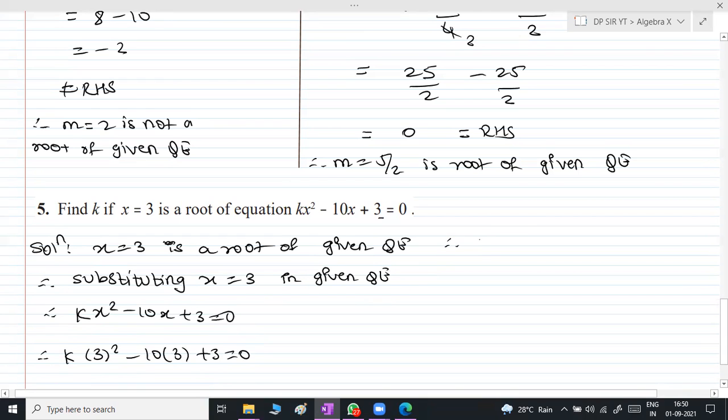And therefore, what is 3 square? It is 9. Therefore, 9k minus 10 3s are 30 plus 3 is equal to 0. And therefore, just solve this part. 9k and what is minus 30 plus 3?